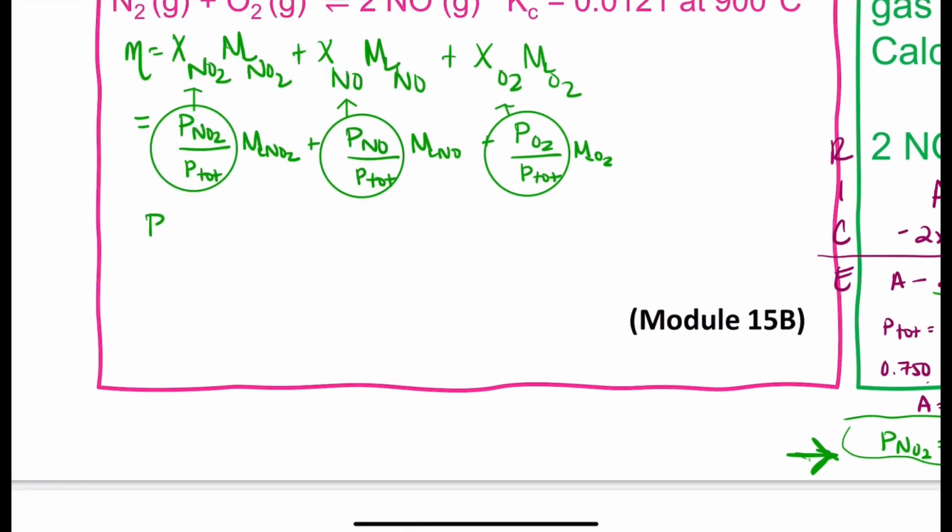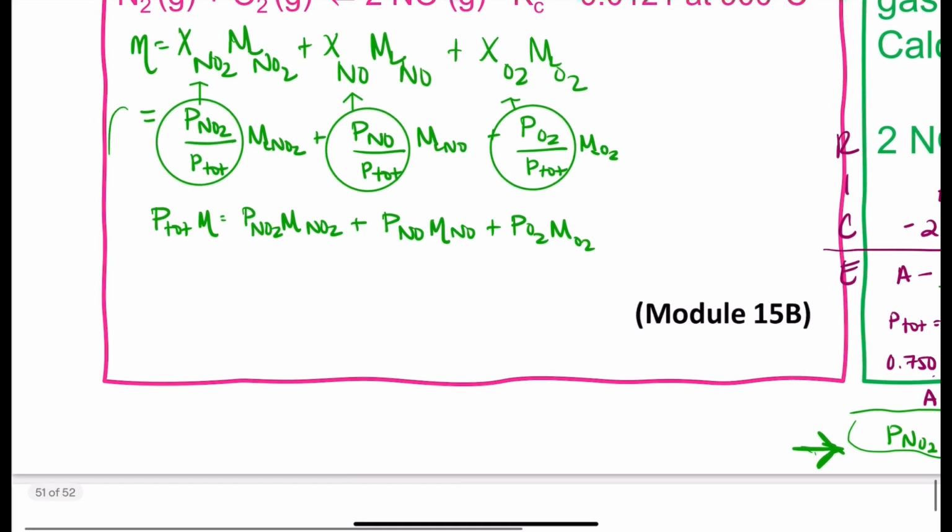Simplifying this back down, P total times the molar mass will equal the pressure of NO2 times the mass of NO2 plus the pressure of NO times the mass of NO plus the pressure of O2 times the mass of O2. All I did was multiply through the entire thing by P total, and the molar mass is of the entire mixture.